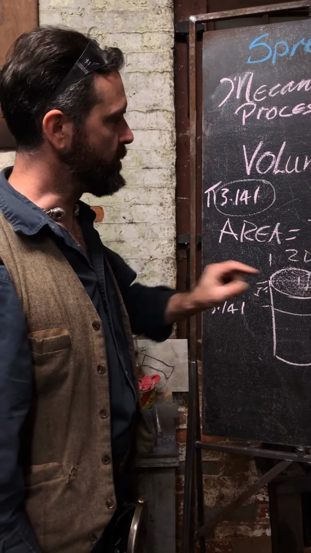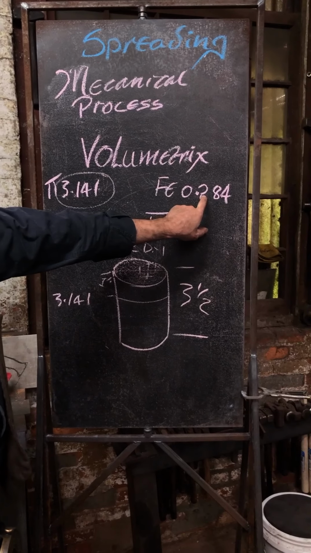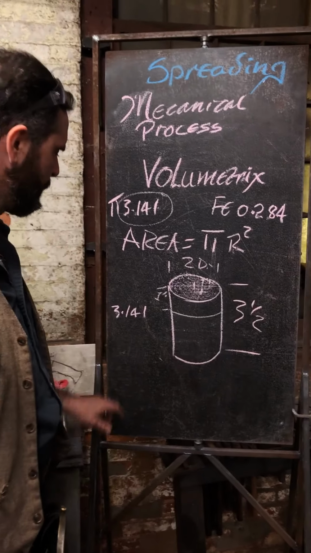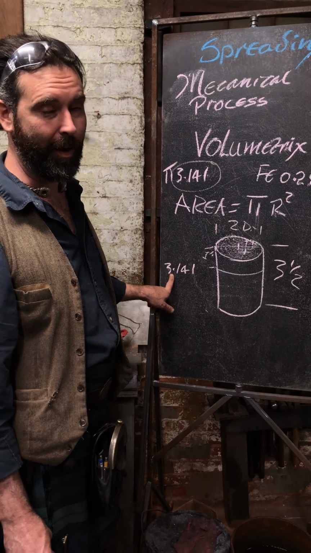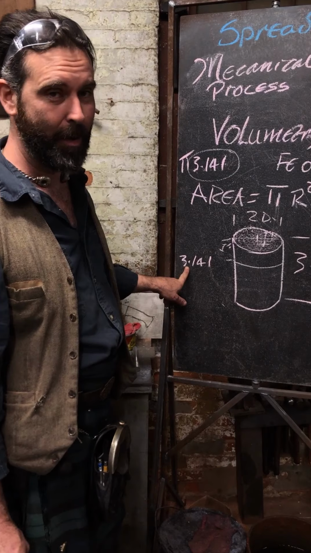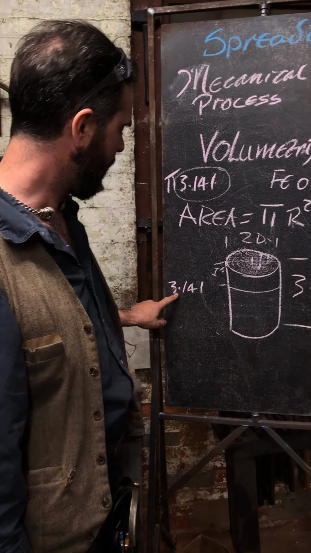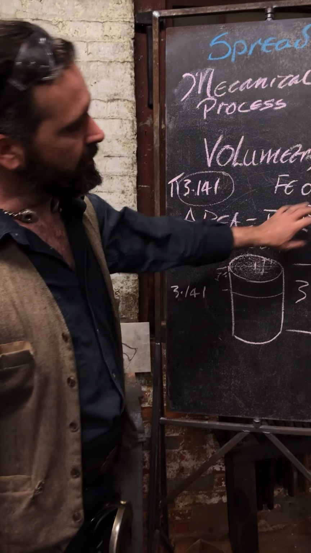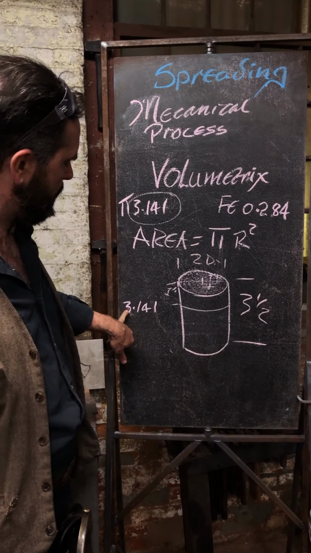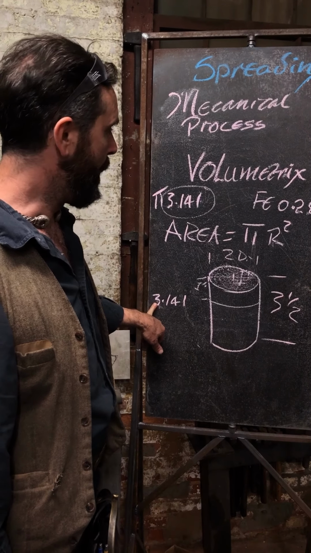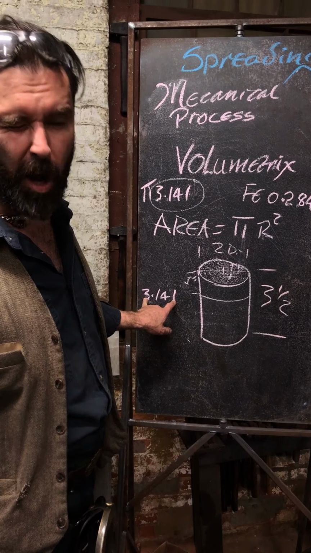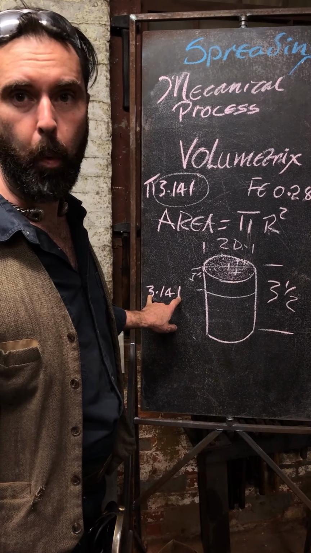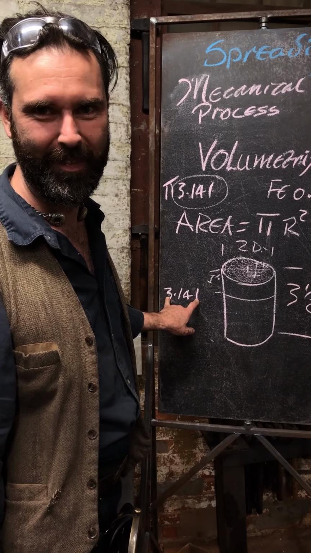Each cubic inch weighs 0.284 pounds, right? Which means that 3.141, and I won't pretend that I can do this in my head, but with a little bit of guesstimatic, that's give or take 3, we're going to be a touch shy of 1 pound, right?